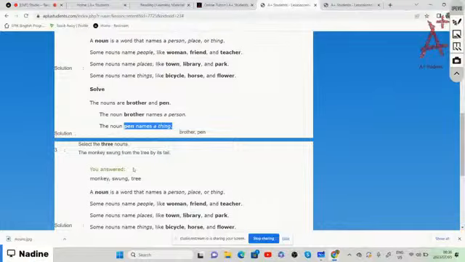Three nouns. Remember, a noun is a word that names a person, a place, a thing, right? Animal.